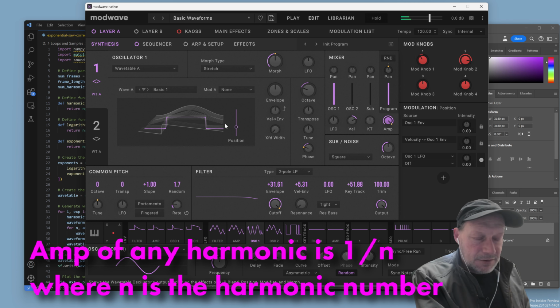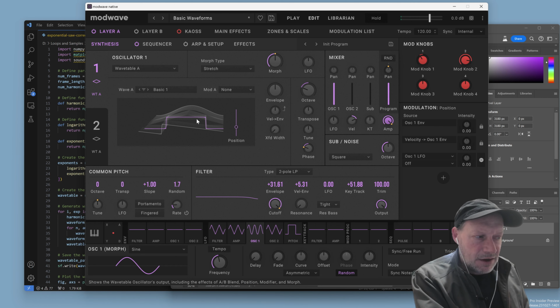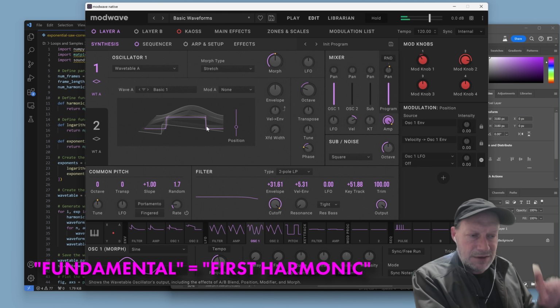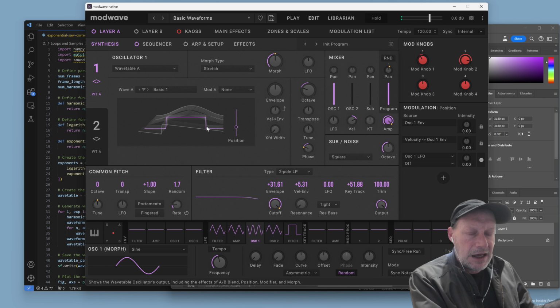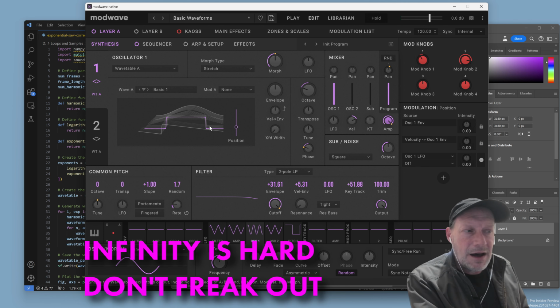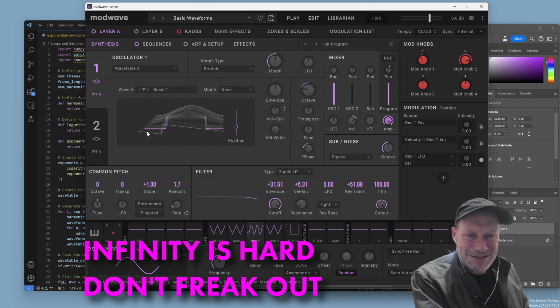So, for example, it has a full amplitude sine wave at the fundamental. It has 0 amplitude at the second harmonic, and at the third harmonic, it has a sine wave at 1/3 the amplitude. And this keeps going out to infinity. It results in this wave shape.